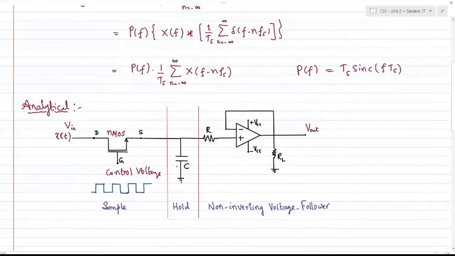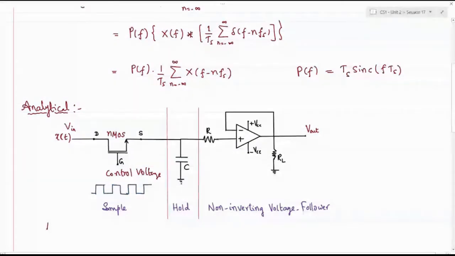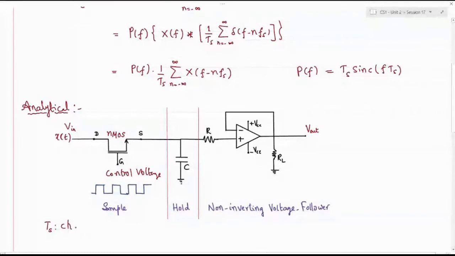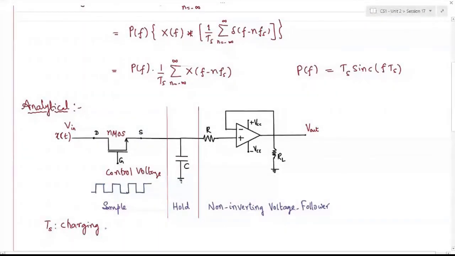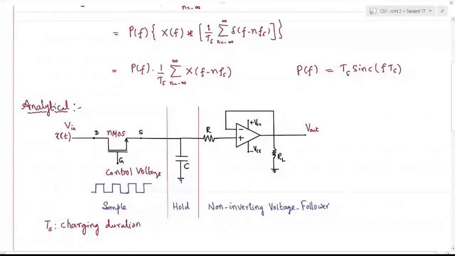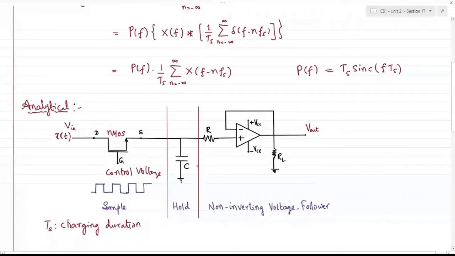The duration it takes to charge the capacitor is said to be the sampling interval. So Ts is nothing but the charging duration of the capacitor, which is your sampling period. And at that time the overall input appears at the output across the capacitor.